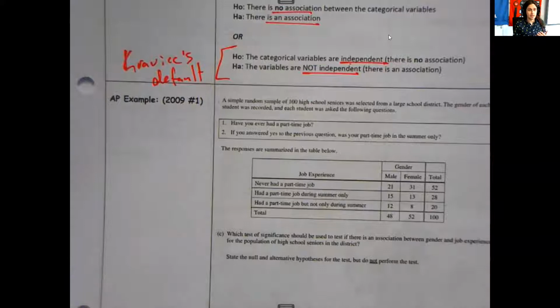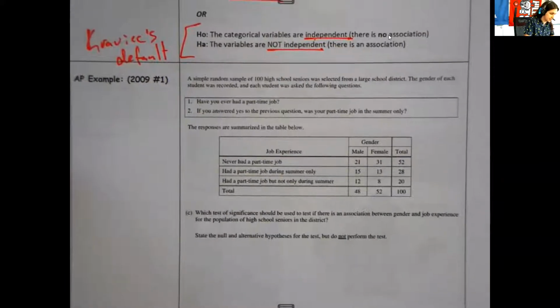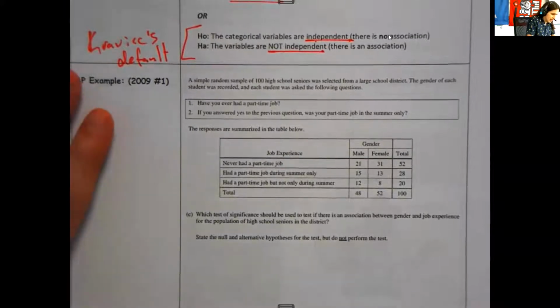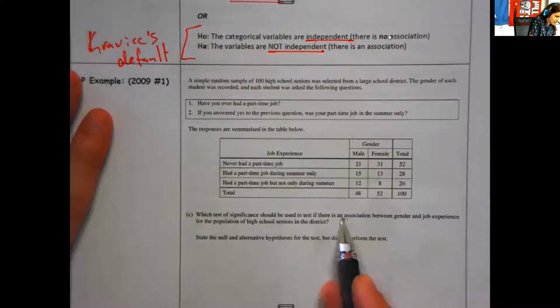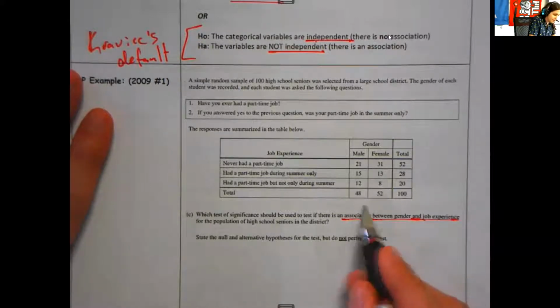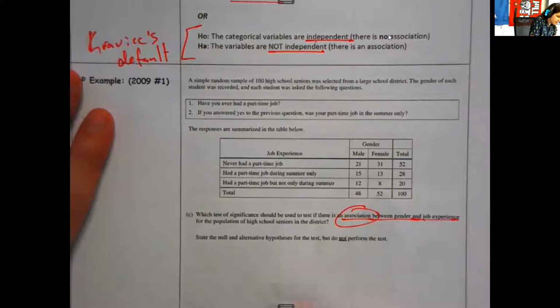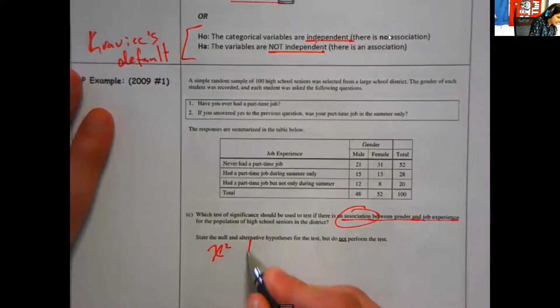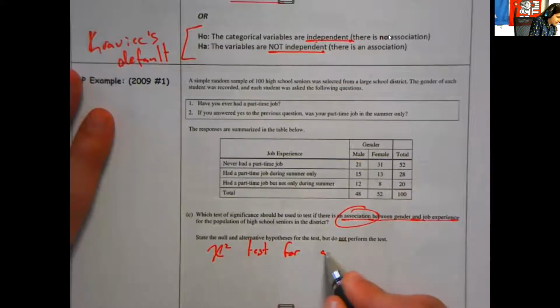You've made a chart to represent these two differences in populations, and it asks us which test of significance should be used to test if there is an association between gender and job experience. Well, if we're looking for association, what are we going to do here? We're going to perform a chi-square test for association.